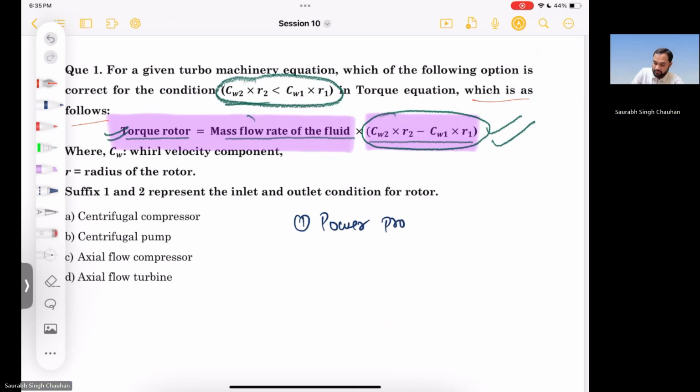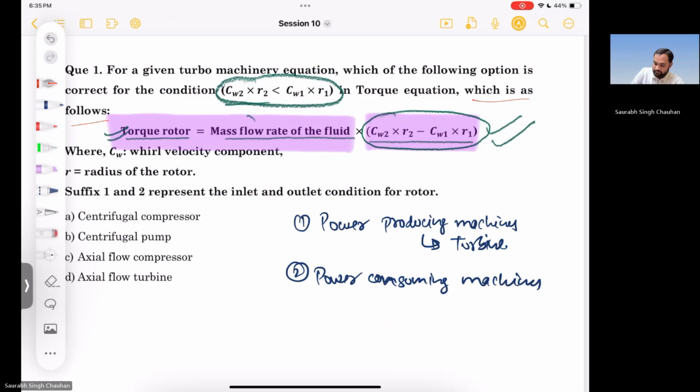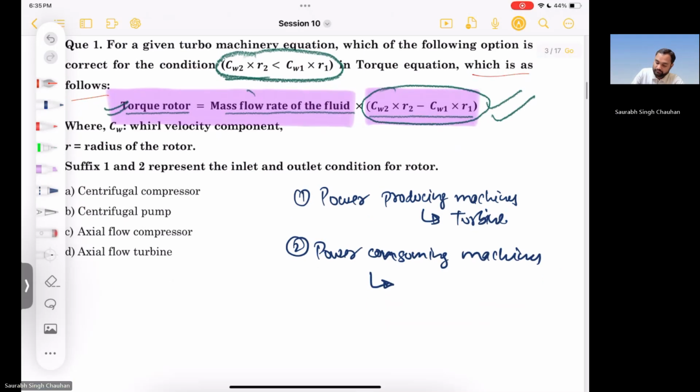So power producing machines are turbines, and power consuming machines are pumps and compressors, right?